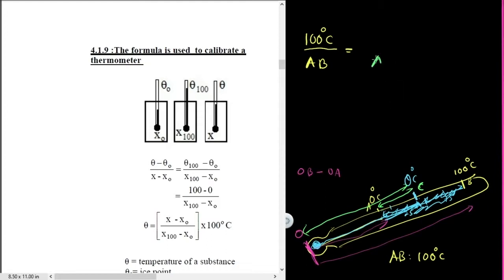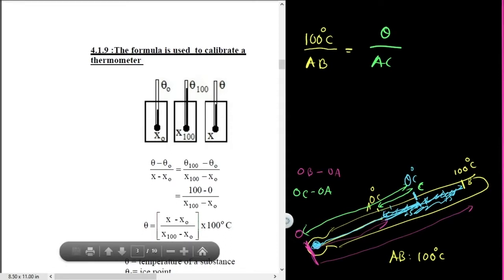The length of A to C is OC minus OA. Then we can get the change in temperature from A to C by using the same ratio. This is how we can get the value of temperature at any point on the thermometer.